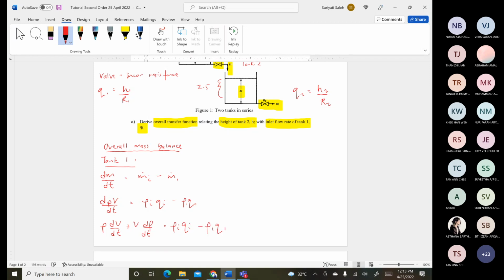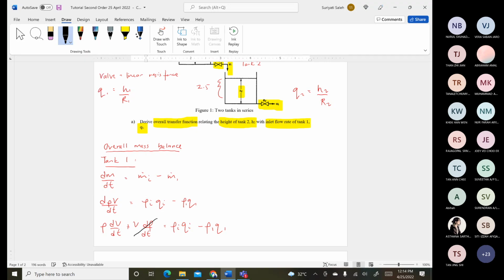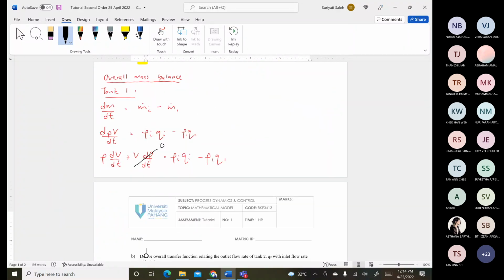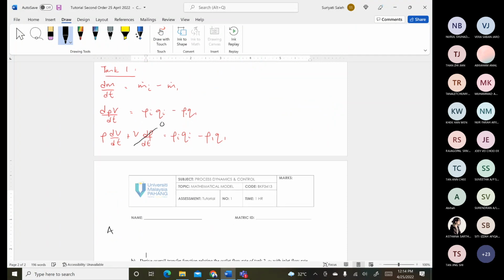Based on the previous explanation, we know that the density is not going to change against time, so this one automatically becomes 0. We also can assume the density rho equal to rho 1 equal to rho i, which is a constant value.